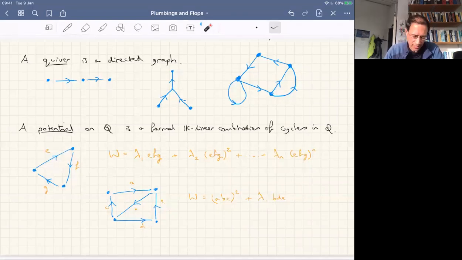So in, for instance, this very simple graph, which is just an oriented 3 cycle, the different cycles I have are the basic EFG or powers of this, and of course their cyclic permutations. And a potential is some linear combination of these. Okay, and in this slightly more interesting graph, I have slightly more interesting possible cycles, not just multiples one of another. So this is an elementary kind of thing.